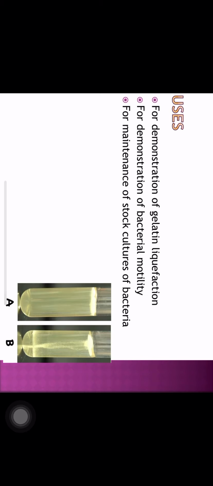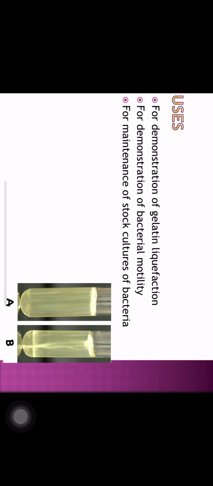And after we have stabbed the medium, the bacteria will grow along the entire line of stabbing. If bacteria are non-motile, they will grow only along the stabbing line. But bacteria, if they are motile, they will grow in the adjacent areas also along with the stabbing line. So to identify motile bacteria, we can use this method.